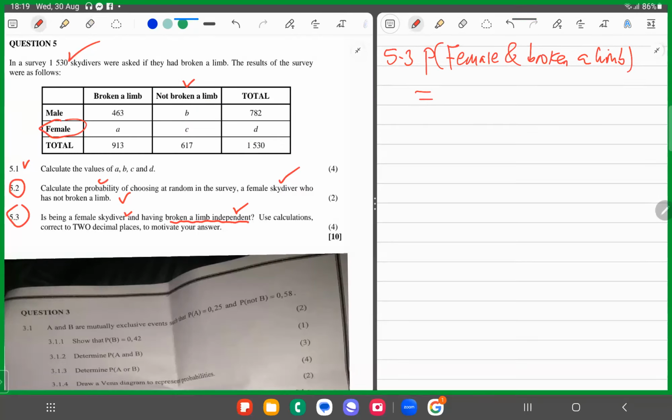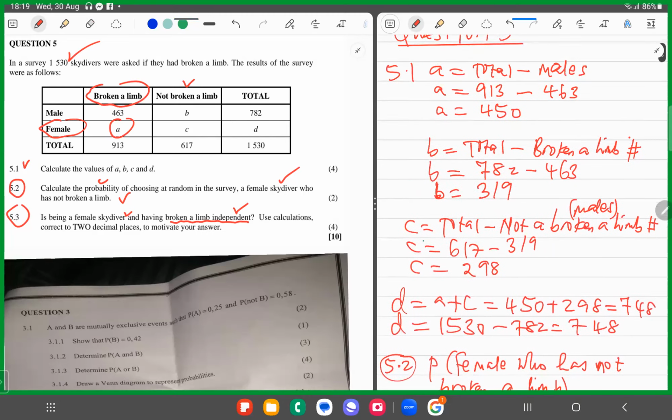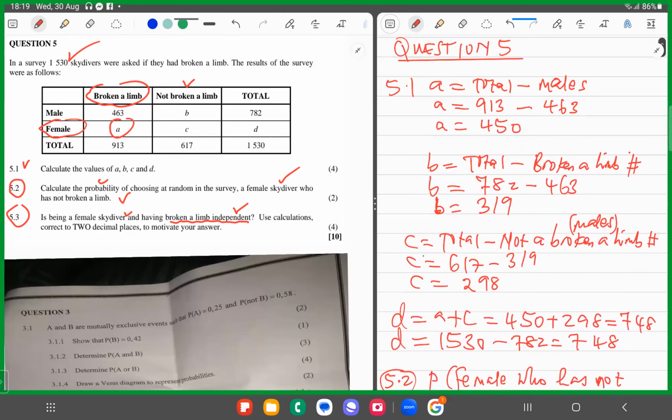What is the probability of female and broken a limb? Think about this. We have already got the rest of these here. Broken limb is this one and female is this one, so we have already got A. We got A to be 450.